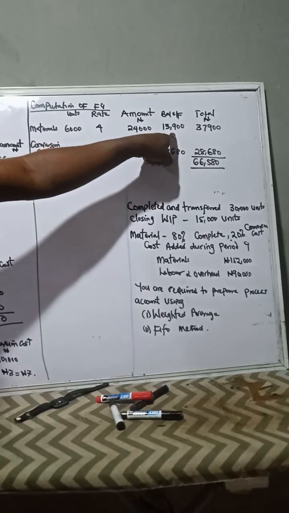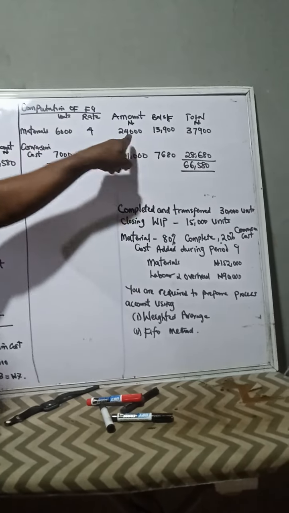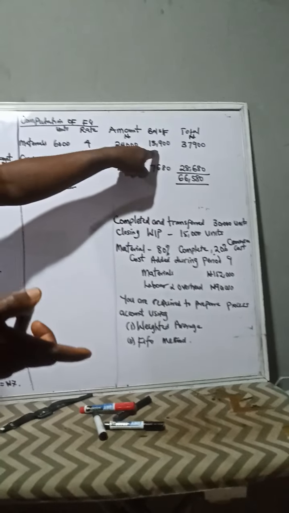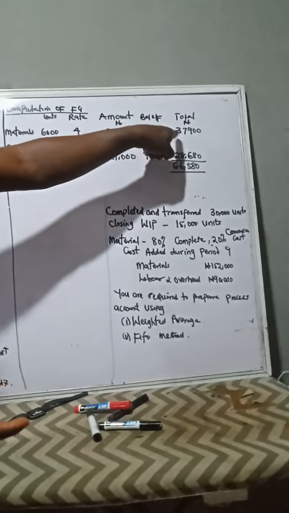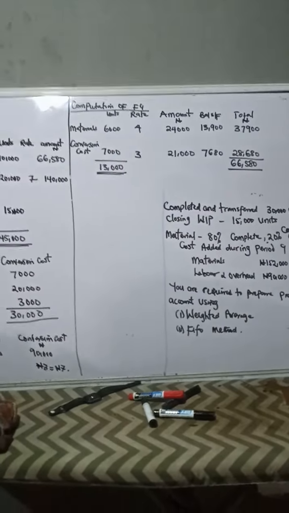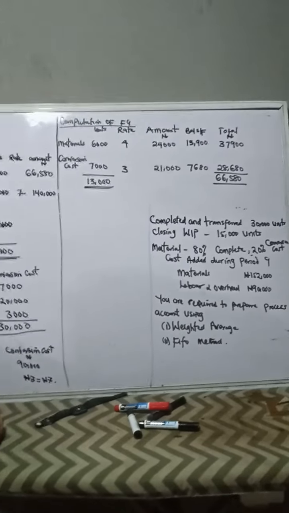So 60% has been processed and completed, plus the 40% that we were given in the intro that had been completed. That makes 100%. This is 100% for material, 100% for labor and overhead. That's how you do it. You have to do them separately. Do you get it now?